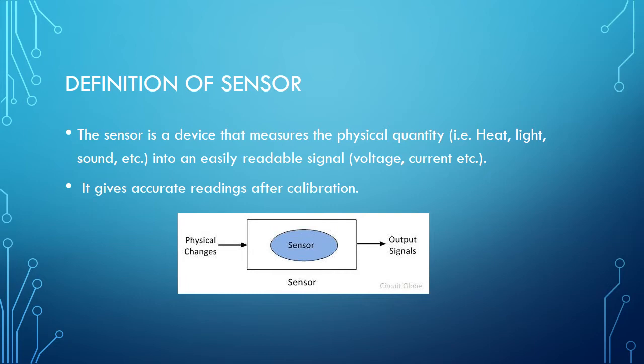For example, the mercury used in the thermometer converts the measured temperature into an expansion and contraction of the liquid, which is easily measured with the help of a calibrated glass tube. The thermocouple also converts the temperature to an output voltage which is measured by the thermometer.